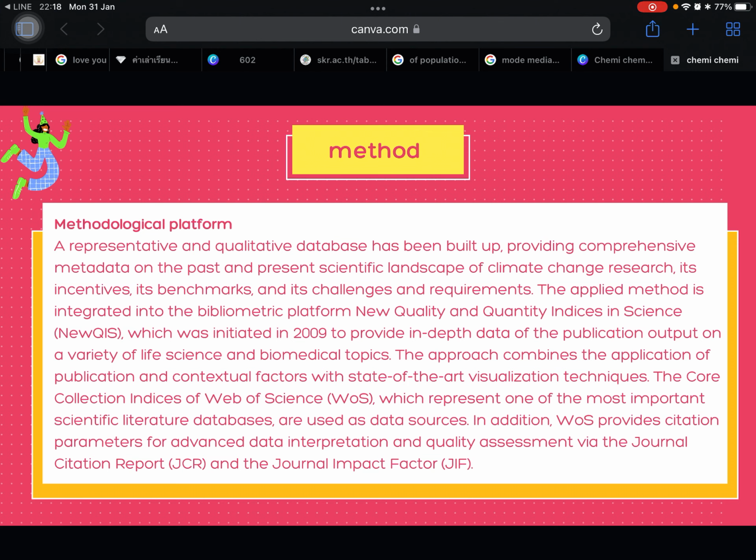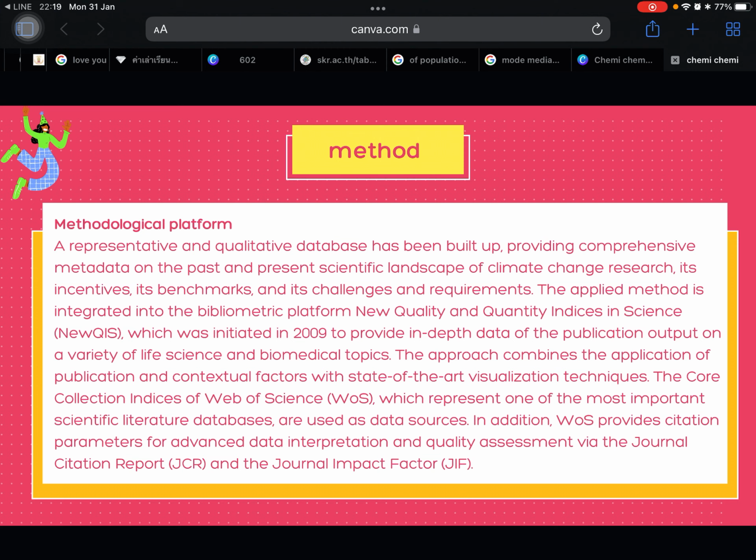The applied method is integrated into the bibliometric platform New Quality and Quantity Indices in Science, which was initiated in 2009 to provide in-depth data of the publication output on a variety of life science and biomedical topics. The approach combines the application of publication and contextual factors with state-of-the-art visualization techniques.